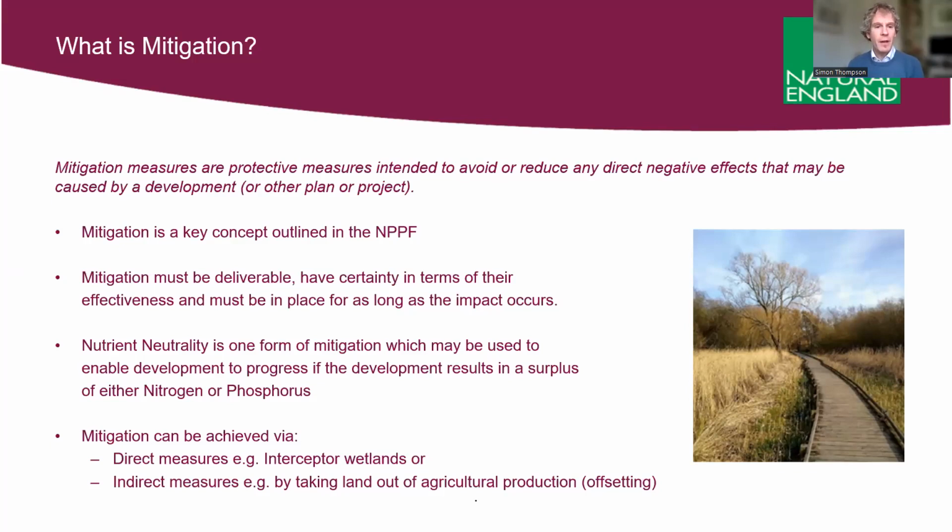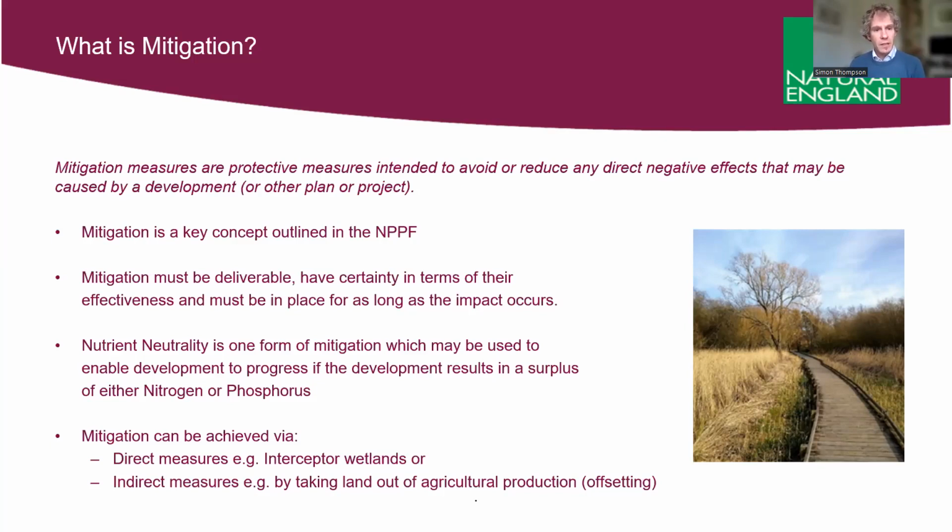If the development and the mitigation don't relate to each other geographically in the appropriate way, you can end up with improvements to one reach of a river and degradation to another, which the environmental regulations don't allow. So when you hear discussion about location of mitigation, that's why that's so important. Generally speaking, as a rule of thumb, if the mitigation is upstream of the development, you're likely to be okay.